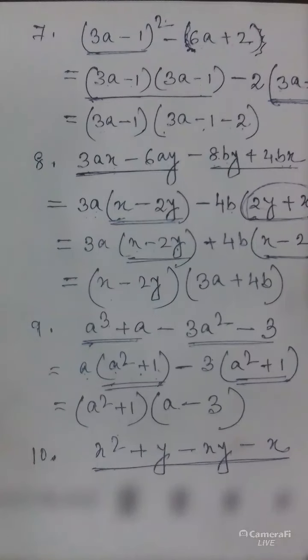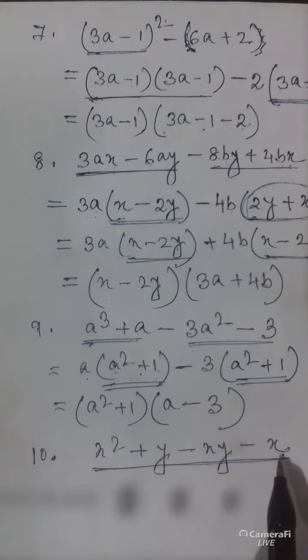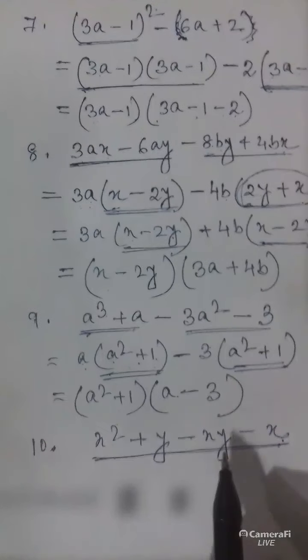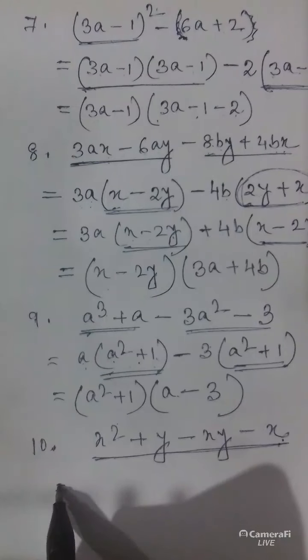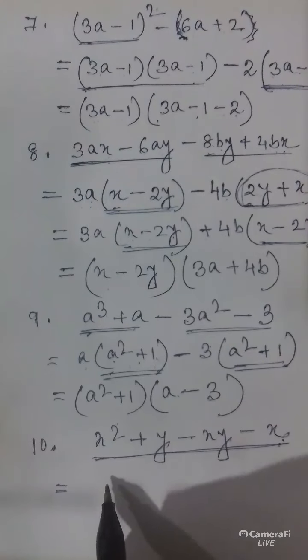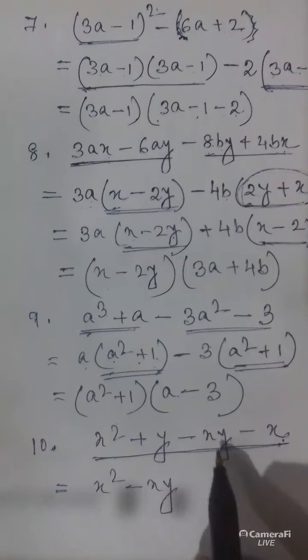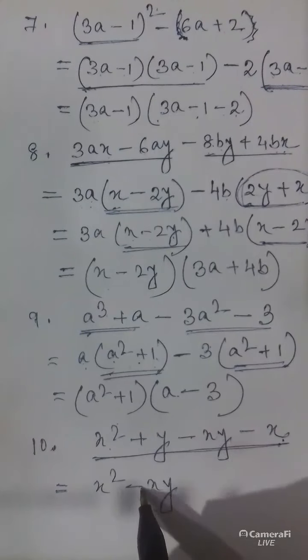In this math also it is not possible to take out one common factor. So we have to factorize it by grouping method. But how is it possible to group together? We can arrange the terms: x square minus xy.